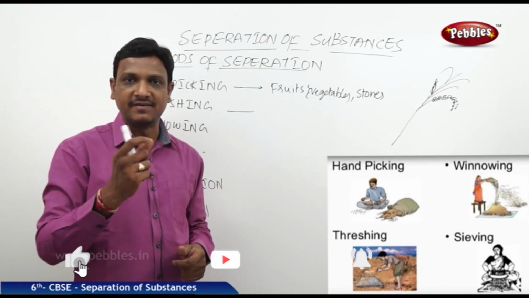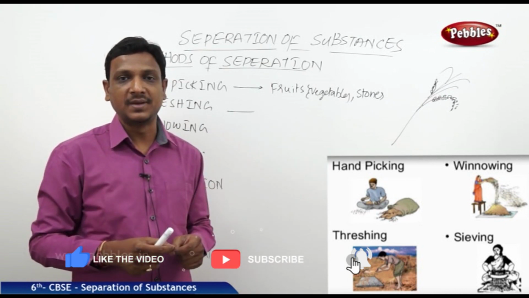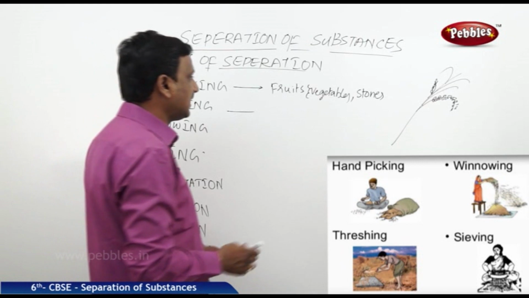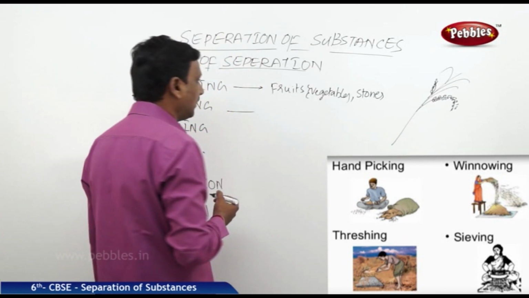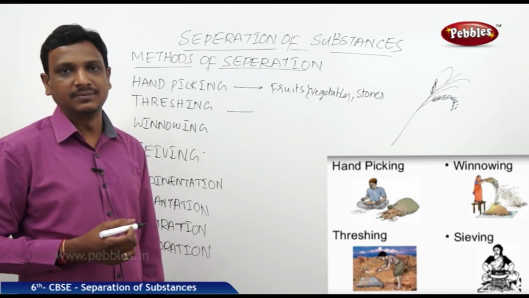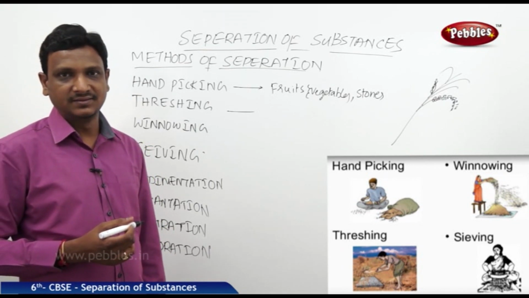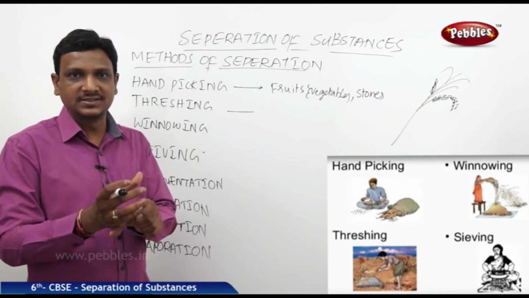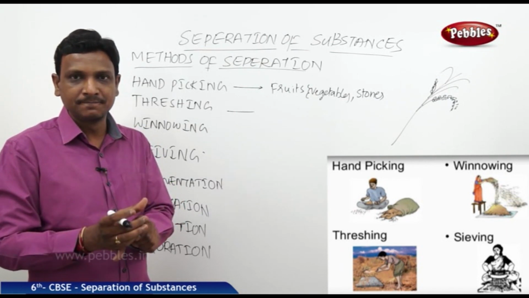Now, the plant has the grains. How to separate the grains from the plant? Again, you cannot pick them with the hand. So, in these cases, we use the method called threshing. What is this threshing? The farmers take a bunch of these dried plants of wheat or paddy.